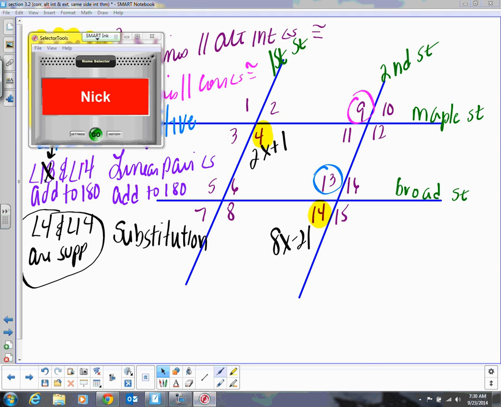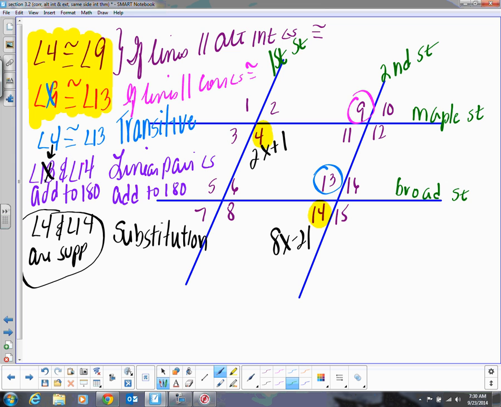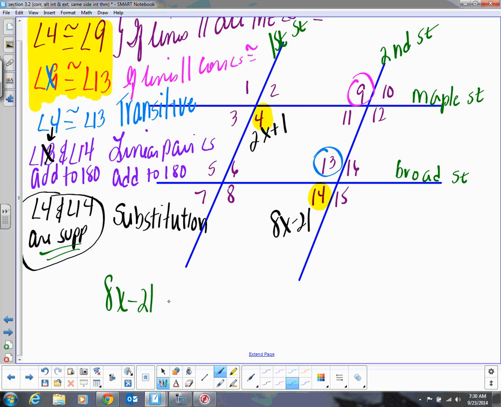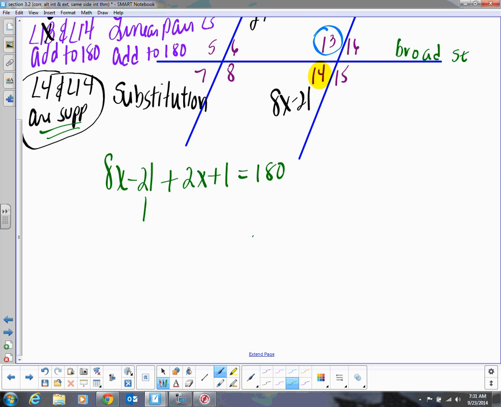Nick, what equation do we write? Is that what this says? Exactly. Right. So when you get the two angles that you started with linked together, this is going to drive your equation. So you should have 10x minus 20 equals 180.